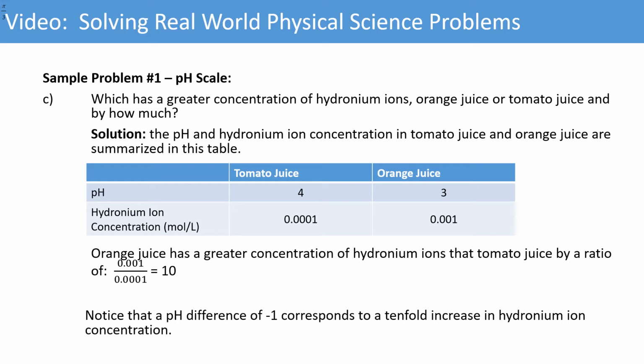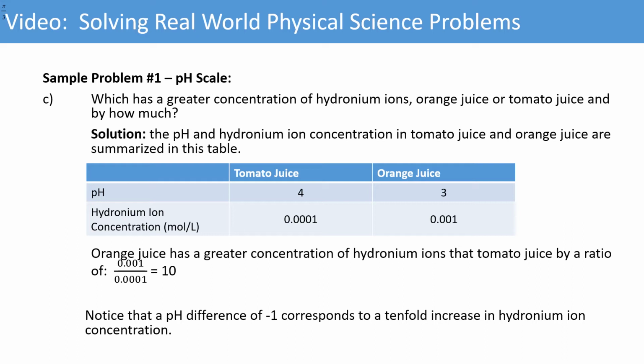The hydronium ion concentration in moles per liter of tomato juice is 0.0001, orange juice 0.001.